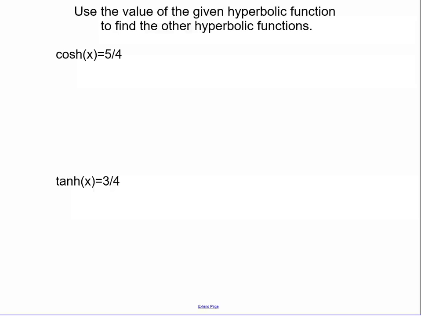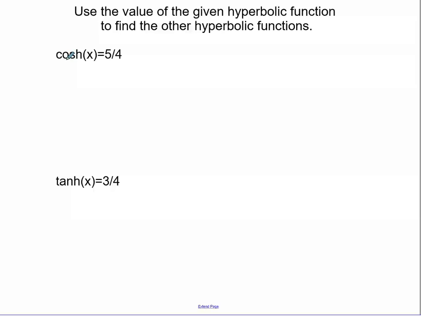And so now we're going to use those to help us figure out our other problems. In this case, we're never going to actually solve for x. It would take a lot of work to try and solve for the x value, so we're not going to do that.